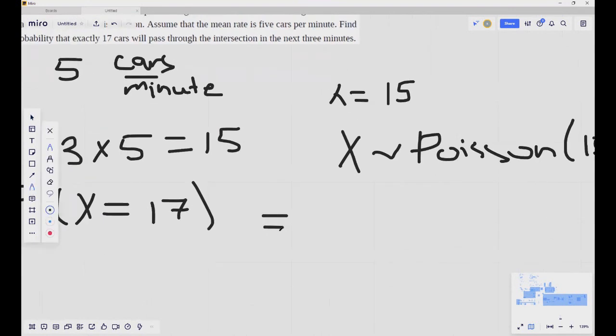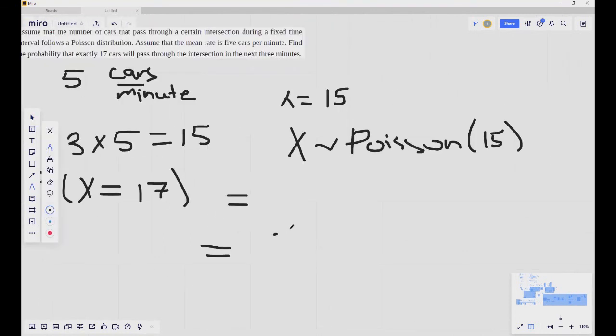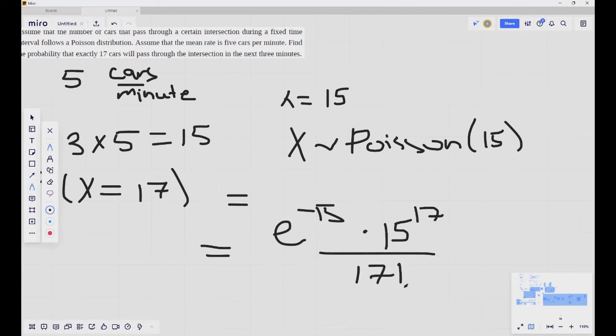Now again, substituting values in our PMF, e to the power of minus 15, 15 to the power of 17 over 17 factorial. So this is approximately equal to 0.085. So the probability of that is approximately 8.5%.